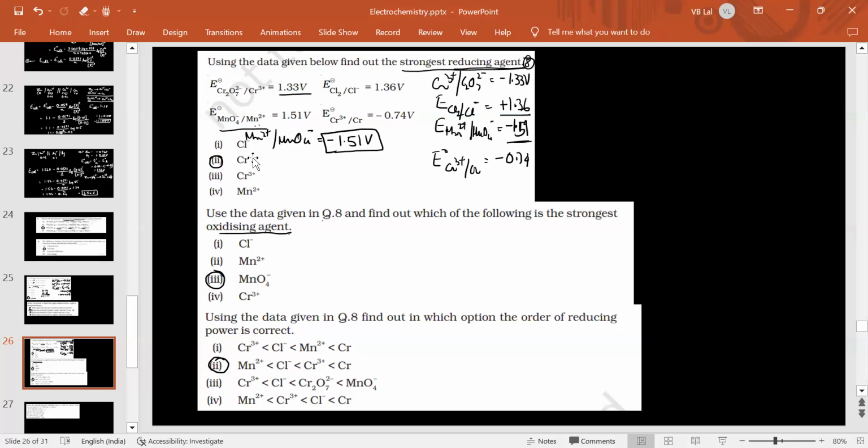Since I've converted it correctly, Mn2+ to MnO4−, and then use the data for the strongest oxidizing agent. Oxidizing agent should have the highest reduction potential. So the highest reduction potential is of this one. So Cl− chlorine. So this is 2 and this is 1. Okay, give me a moment. Let me check the answers.